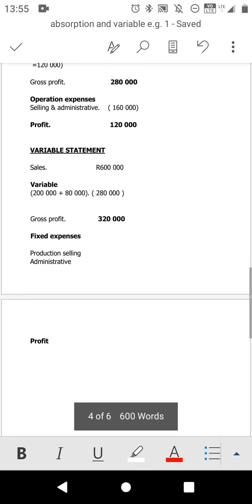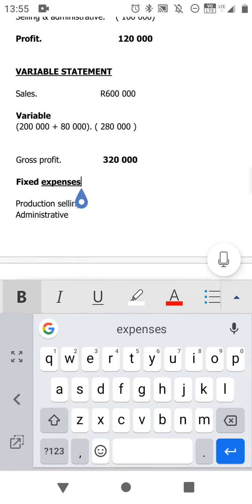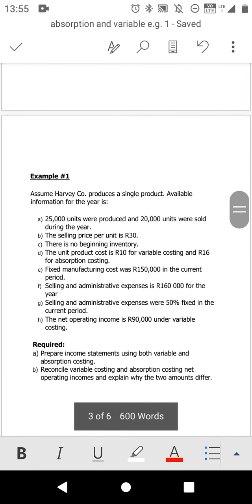Now we have to deal with the variable. What are we going to do now? Remember, under variable, a manufacturing fixed cost is accounted as a what?